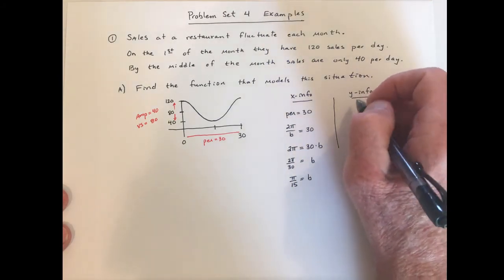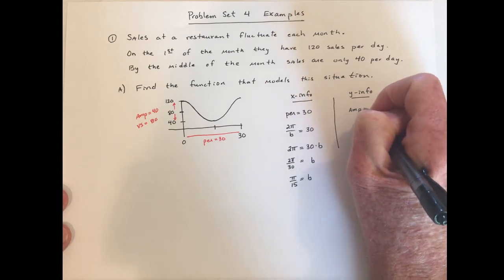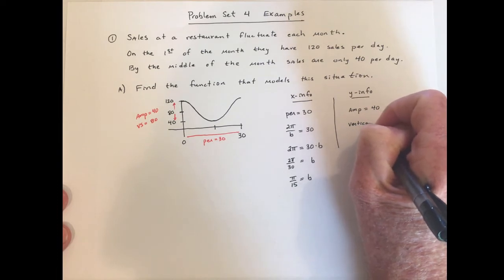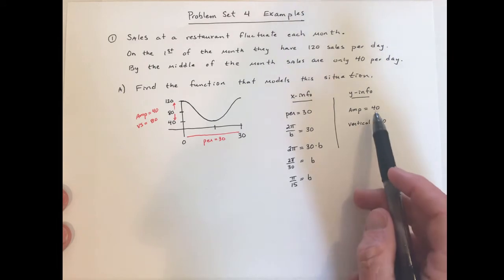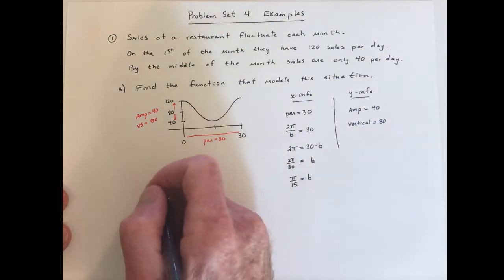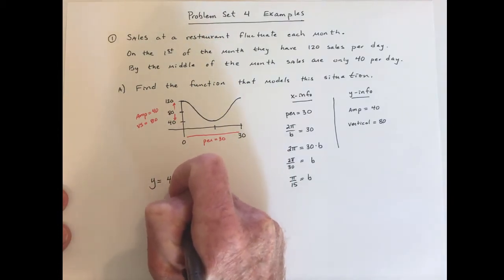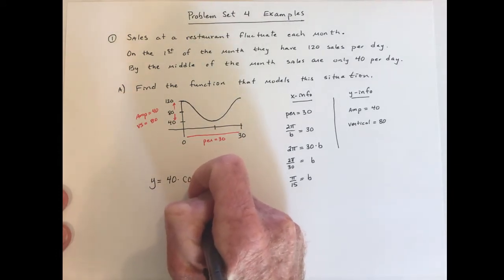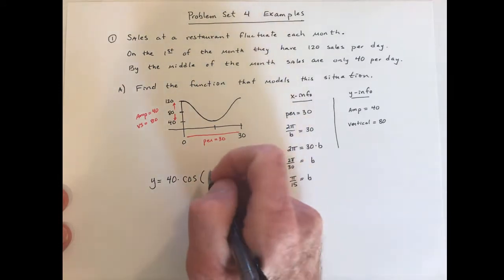And with the y information, I actually don't need to do any work, although I usually put the amplitude first and then the vertical shift second. Because when I go to write the equation, I'm going to use this first and use this second. Okay, then this looks like cosine. So I'm thinking it's y equals, the amplitude goes in front, and then it's going to be cosine, and then in the parentheses is going to be the b times x.